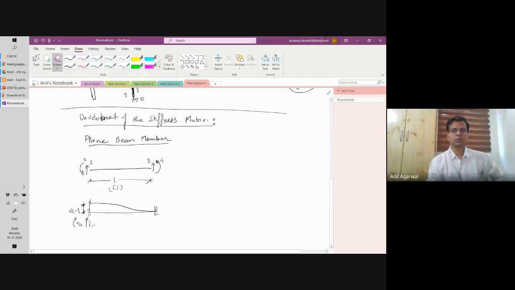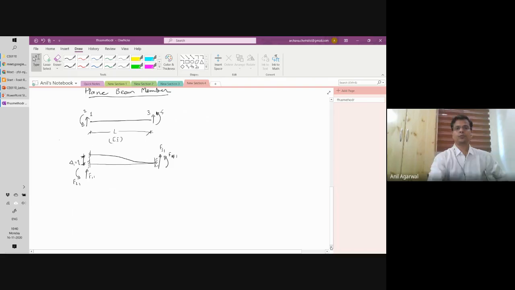How much moment will be required? That will be my F21 term. How much moment will be required here? F41 term. And how much force will be required here? So F31 term. How do we do this? Which method can we use here to solve for these force terms? Anybody?